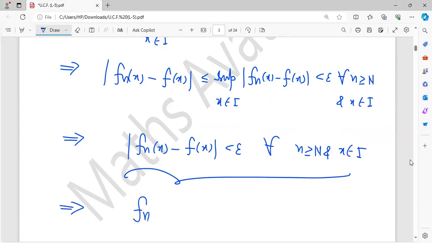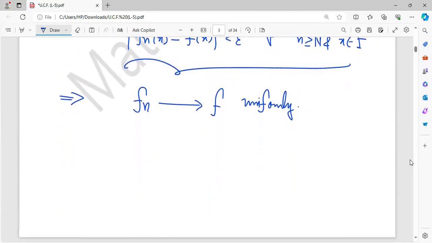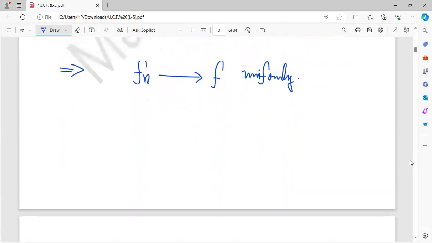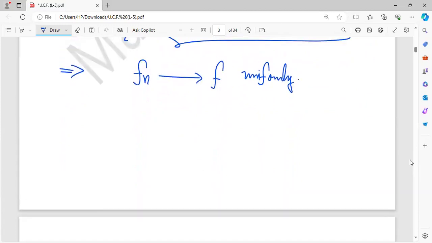The meaning is that Fn converges to F uniformly. So we have proved this theorem.